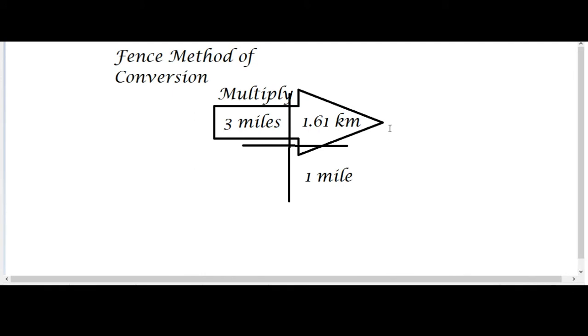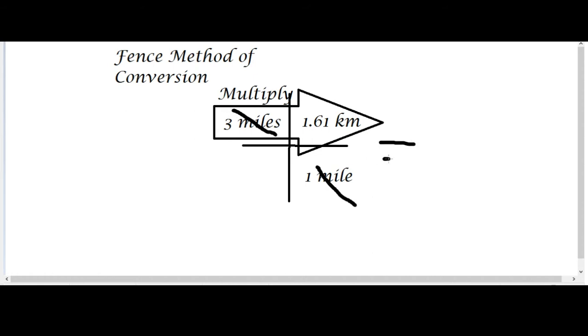And then after you get whatever that number is going to be, you divide it by the 1. So that way, the miles up here cancel out with the miles down there, and you're left with your number right here.